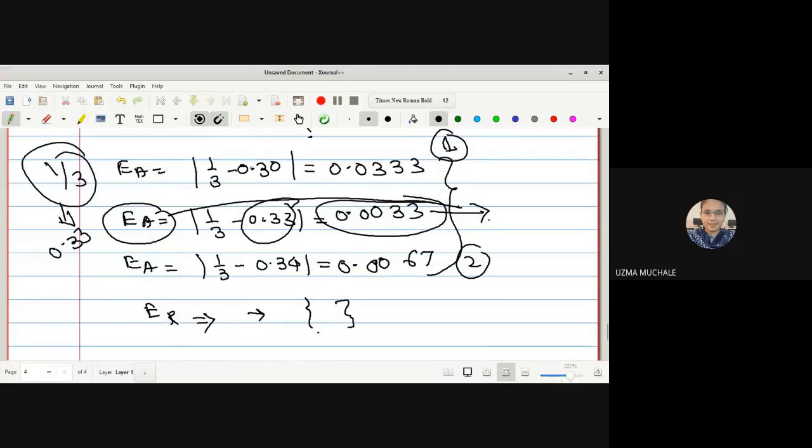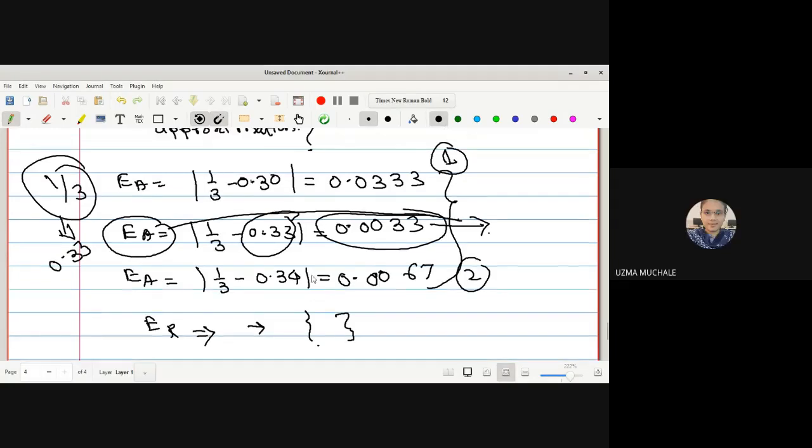Anyone else having a doubt related to this example? No, ma'am. Okay.